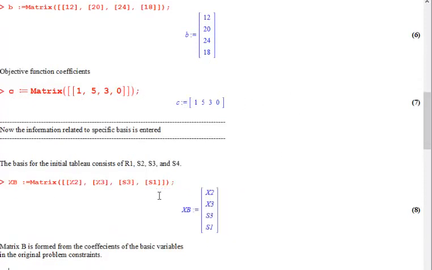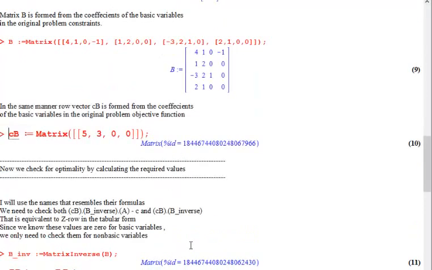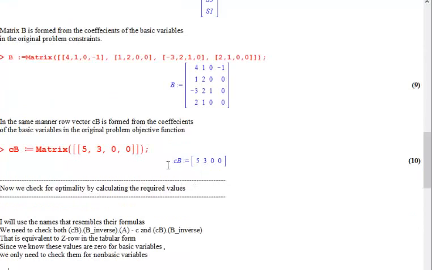From here, my XB is going to be changing. It's the previous one, except that the last one is changed with S1. So accordingly, I'm going to create the B matrix based on these variables which are in the basis. These are the coefficients of the same variable in the main problem, and I'm going to create the new CB.